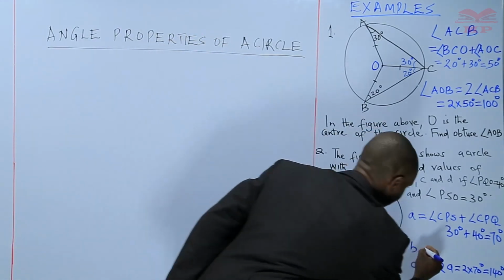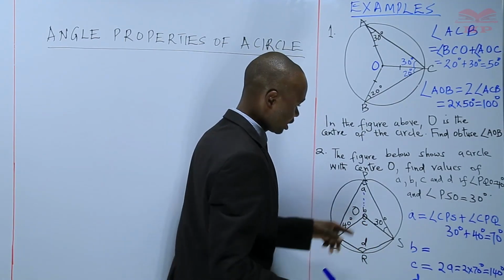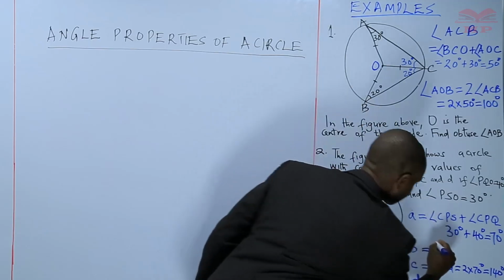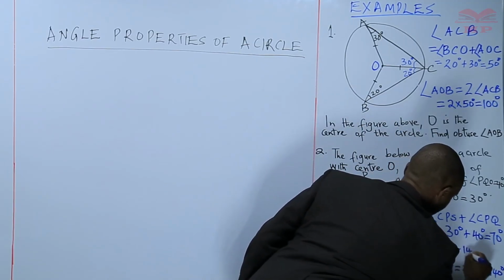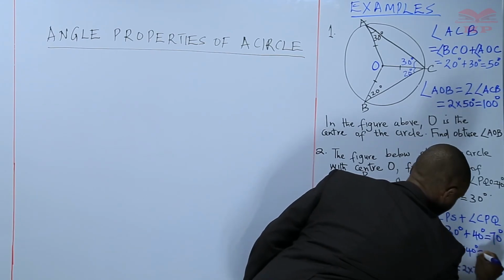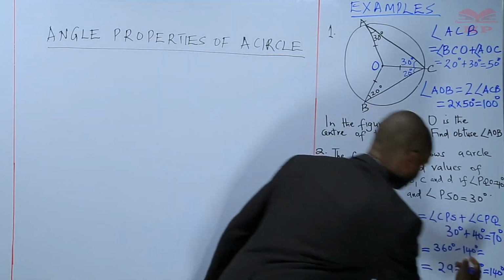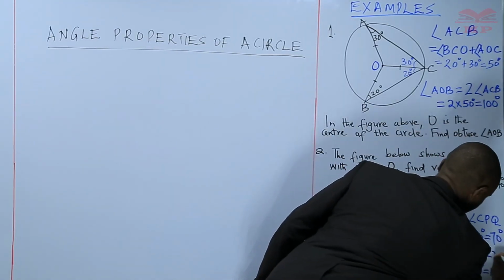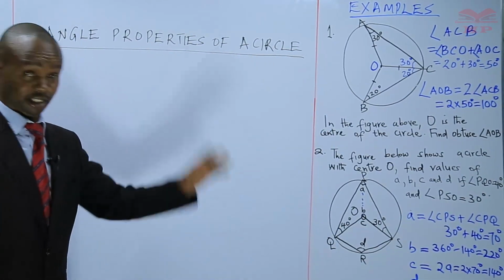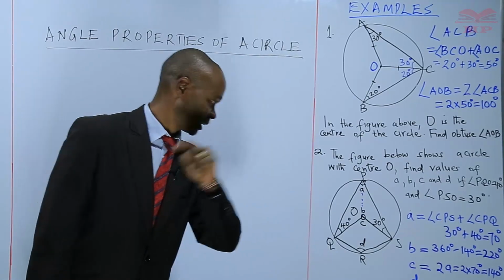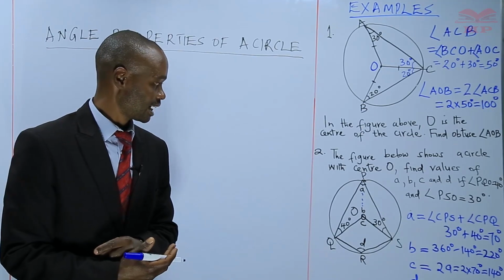So since the two angles add up to 360, B will be equal to 360 degrees subtract 140 degrees, and quick computation there will give you what? 220 what? Degrees. You'd have got the value of angle B. We are remaining with one angle, and that is D.